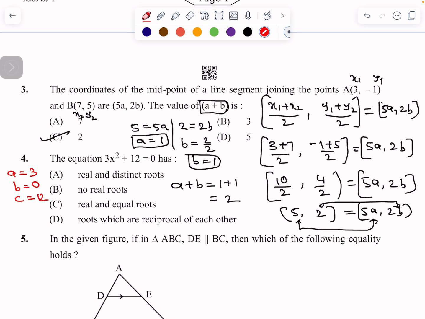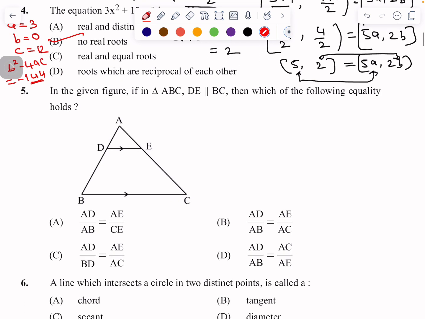So we find b square minus 4ac: 0 minus 4 into 3 into 12, which is minus 144. You get a negative value. If b square minus 4ac is negative, it means no real roots exist. So option B is matching.